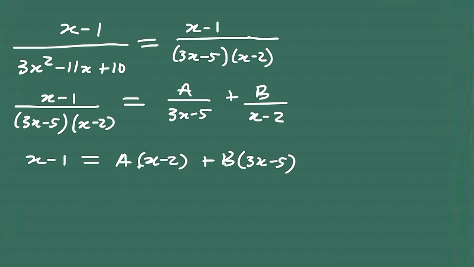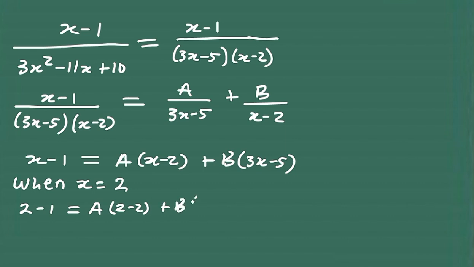All right, so if we choose the value of x to be positive 2, we will be able to eliminate a and solve for b. So when x equals positive 2, we are going to have 2 minus 1 equals a into bracket 2 minus 2, plus b into bracket 3 times 2 minus 5.